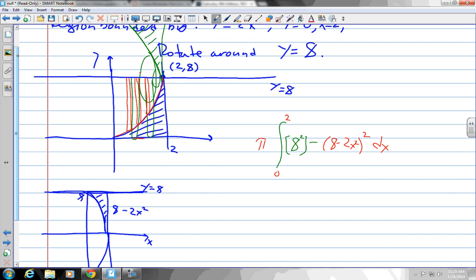Let's do the math. What is it going to come out to be? From 0 to 2, so it's 64. 64s will cancel. So 64 minus 64, what is this? 1632 plus 32x squared, and then minus 4x to the 4th dx.